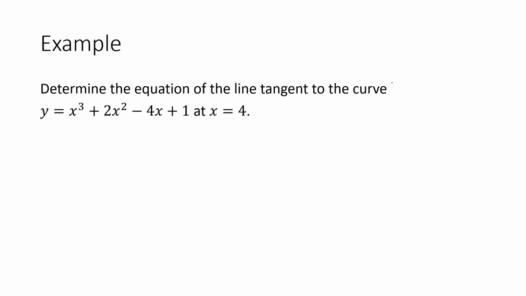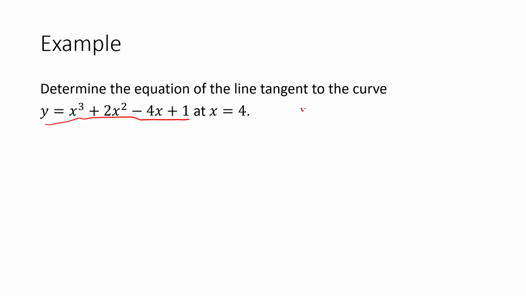Well, the slope is going to be determined by getting an expression for the derivative and subbing the x value in. A point on the curve is going to be determined by taking that x value of 4, plugging it into the function expression, and coming up with a y coordinate. So before getting the derivative, let's do that. Let's figure out the actual point on the curve where x equals 4.